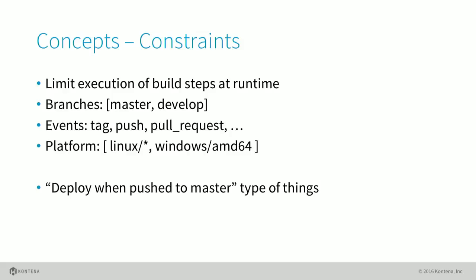Or then you can limit the execution based on certain events. So if you create a tag for a release, then do some release steps, upload your artifacts to some repository somewhere, for example. Or then you can even restrict some of the steps using platform specific things, so execute certain steps only when doing a Windows build or something. Really easy to configure.